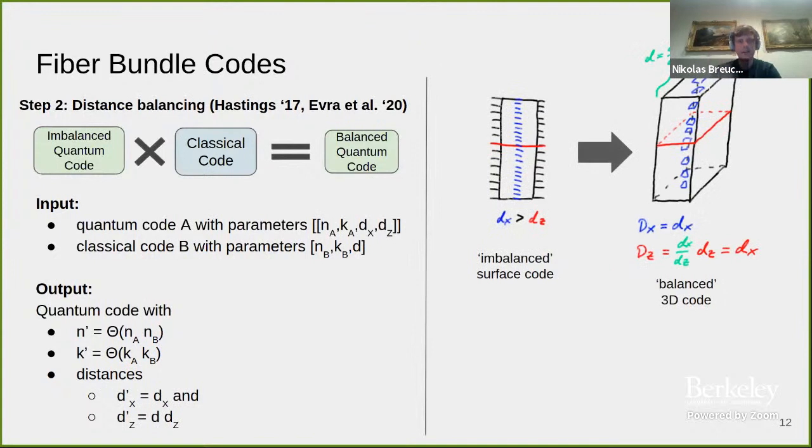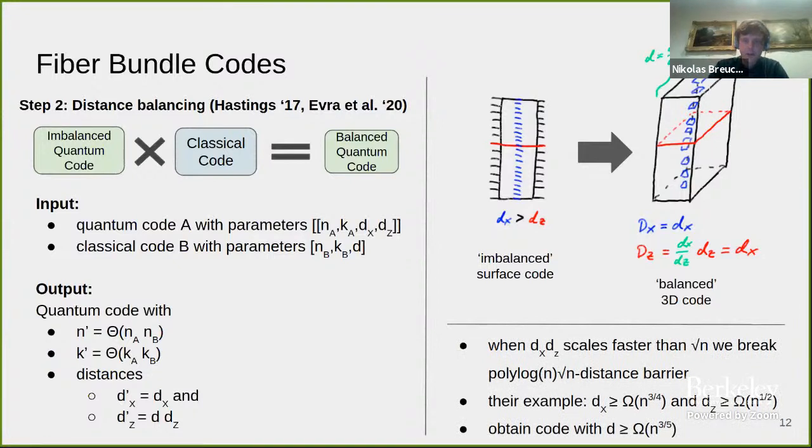And again, an intuitive picture here, if you're familiar with the surface code, is we could take a surface code which is imbalanced, meaning one distance is much larger than the other distance. Then we can just take a product again. We obtain a three-dimensional version of the surface code, and one of the logical operators will become sheet-like, and the other operator essentially stays the same. And using this trick, we can balance out between the two distances.